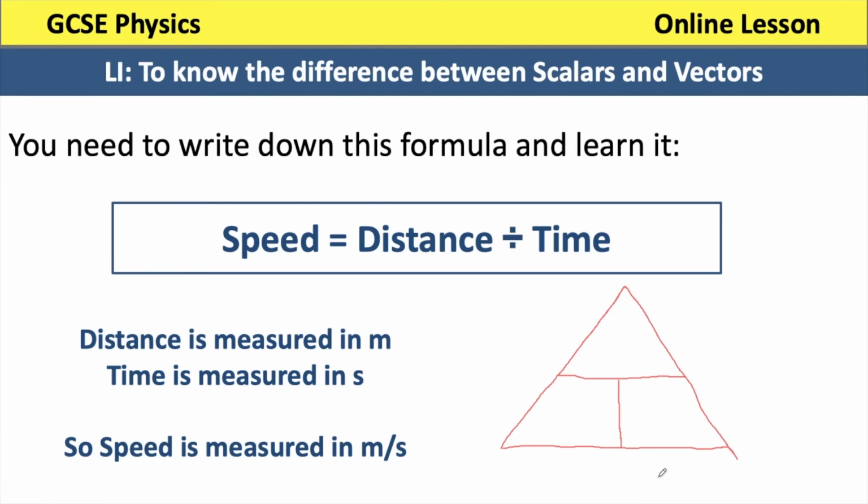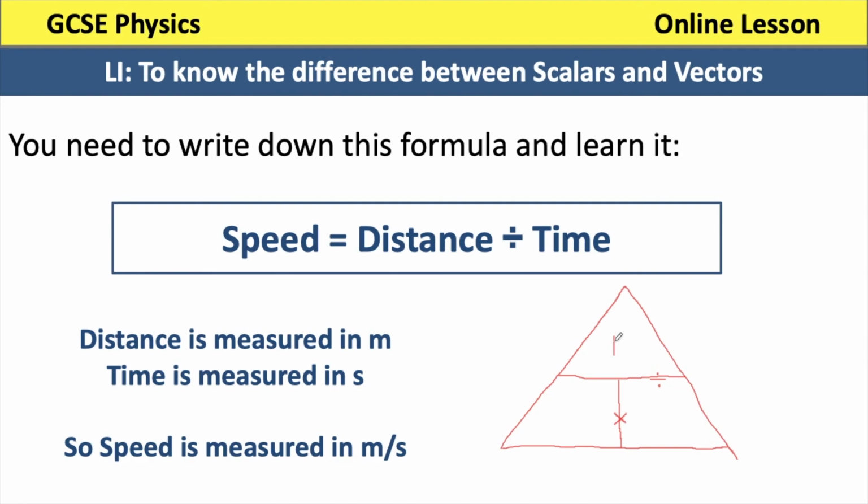The rule is that if things are being multiplied together in the equation, then they need to be put on the bottom of the triangle. But in this equation, nothing is being multiplied. Instead, we have something being divided. That means that the thing that goes on the top is the first thing in the division, which in this case would be the distance.